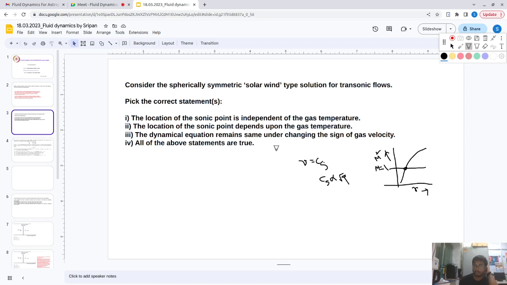And also the dynamical equation remains same under changing the sign of gas velocity. So why? Because if you remember the dynamical equation, let me just remember it.